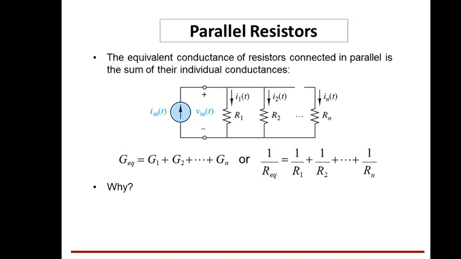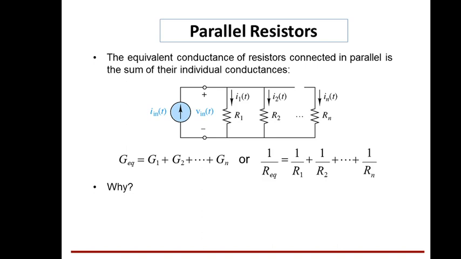At that time it is like a summation: 1 over R equivalent, that is G equivalent, equals G1 plus G2 plus and so on, Gn. That is why for parallel connected elements, if you want to find the total value, you can use conductance. But here the voltage is the same and the current is dividing.